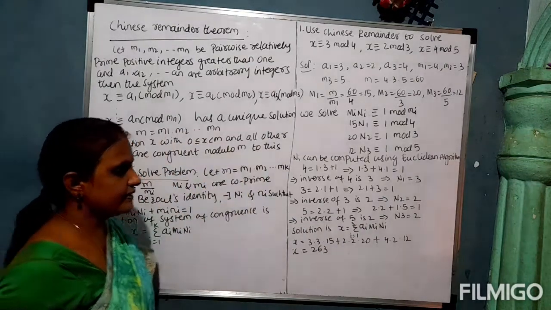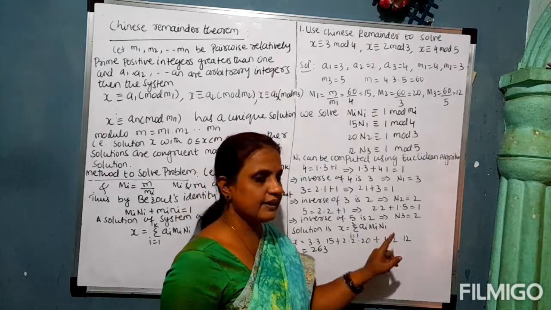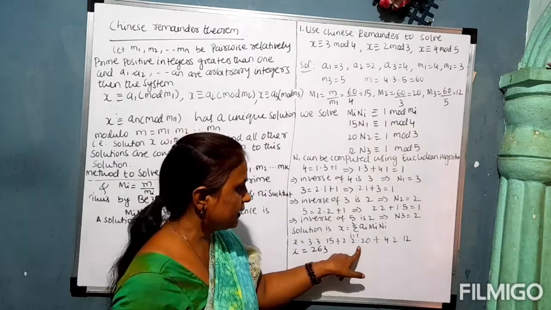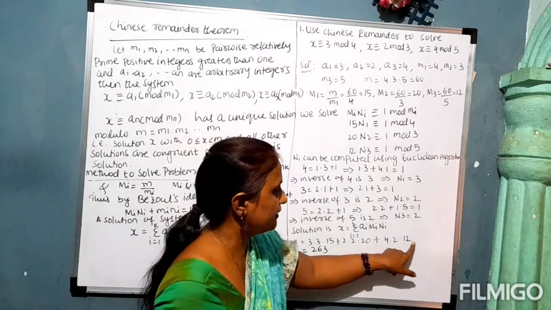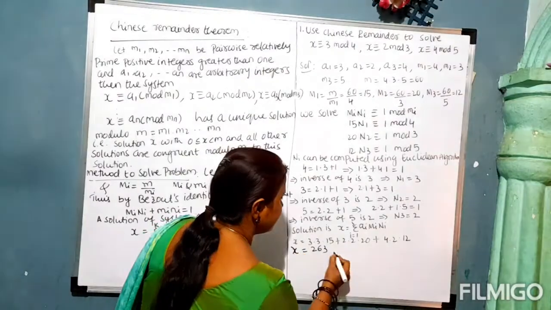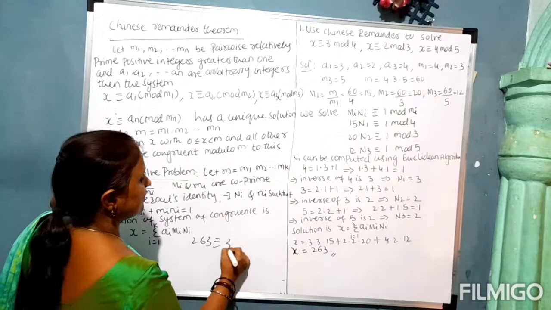Therefore, the solution is the summation from i equal to 1 to 3 of ai Mi Ni. We get 3 into 3 into 15, plus 2 into 2 into 20, plus 4 into 2 into 12. Altogether we get x equal to 263, and this is the solution. Now we will verify whether it is a solution. Is 263 congruent to 3 mod 4?